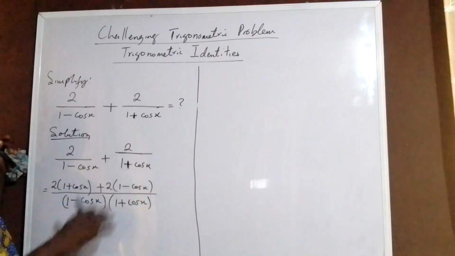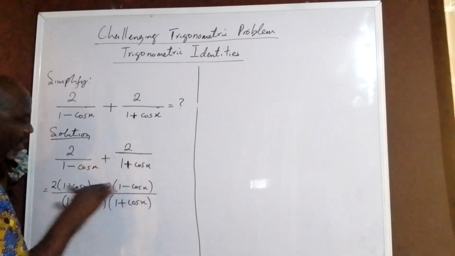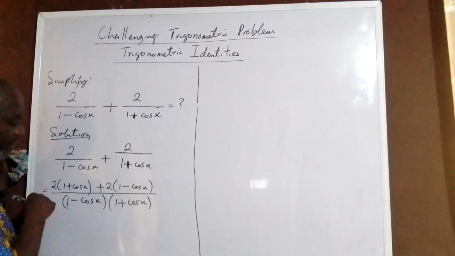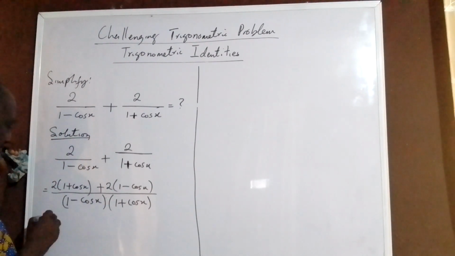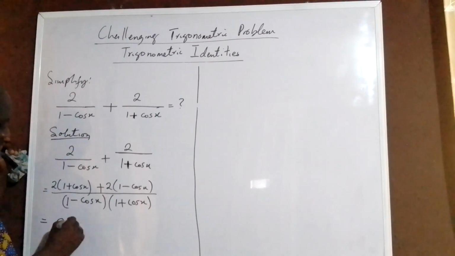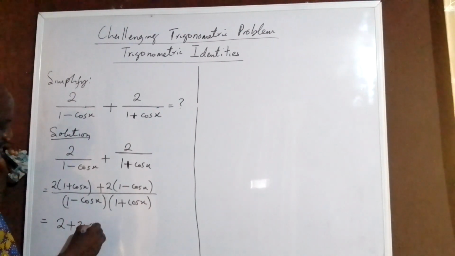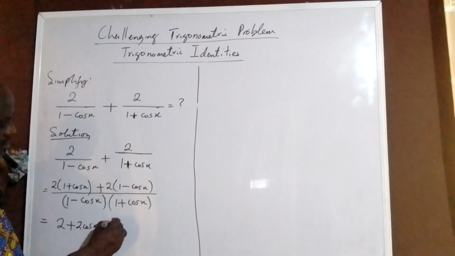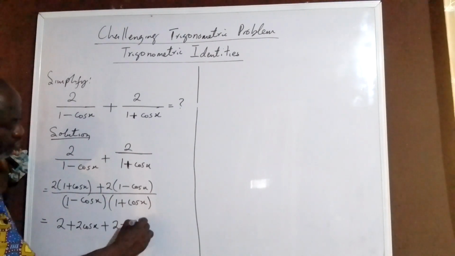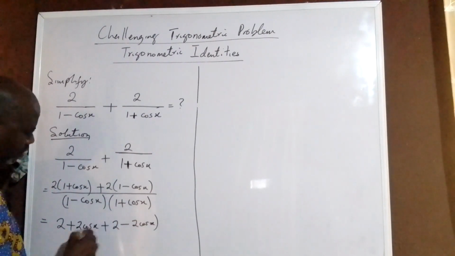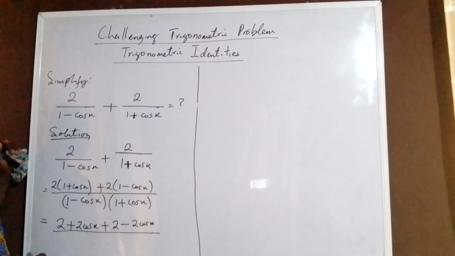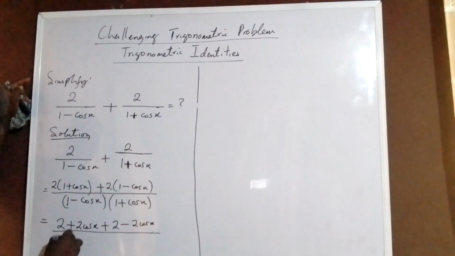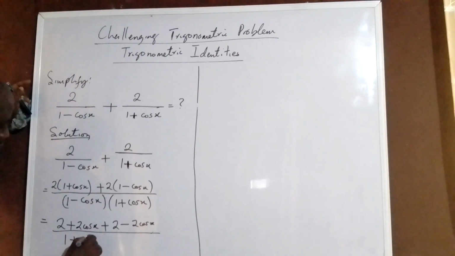So we're going to expand and simplify both the numerator and the denominator. So what we're going to have now is 2 plus 2 cos x plus 2 minus 2 cos x, all over 1 plus cos x.